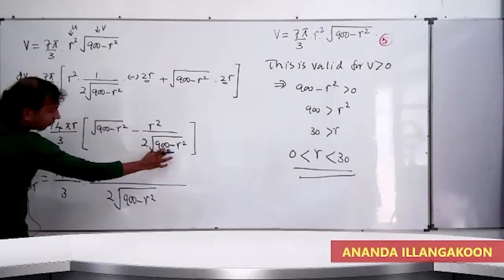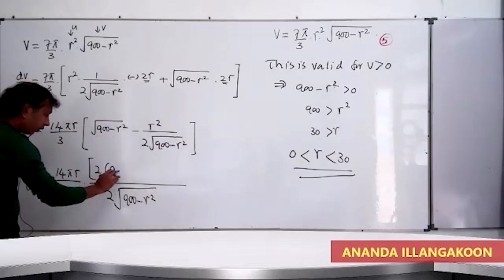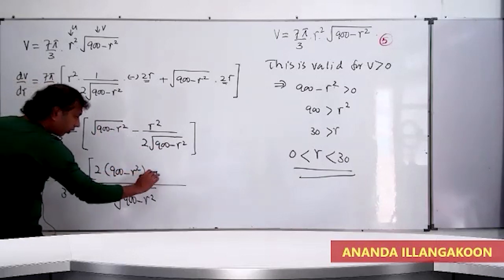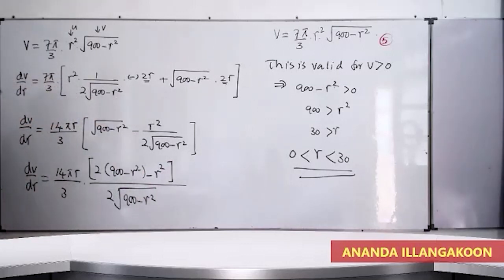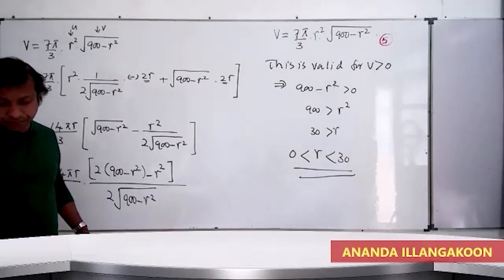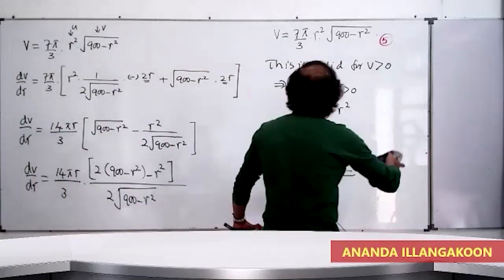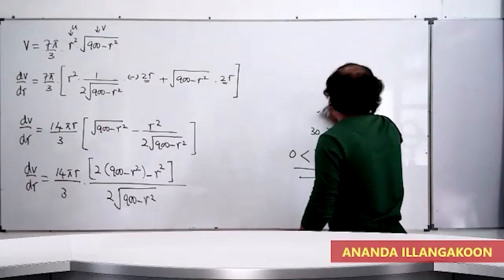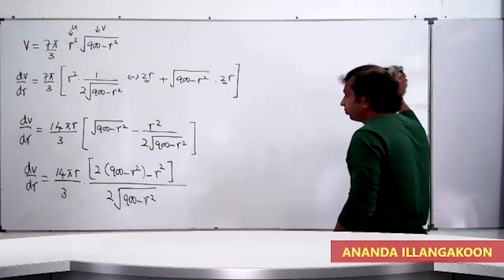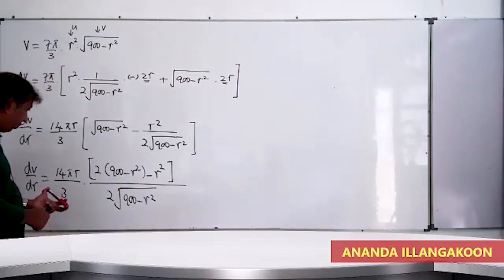Then this should be multiplied by this, and the root sign will be eliminated. We get 2 times 900 minus r squared, minus r squared. Now we can simplify this further.